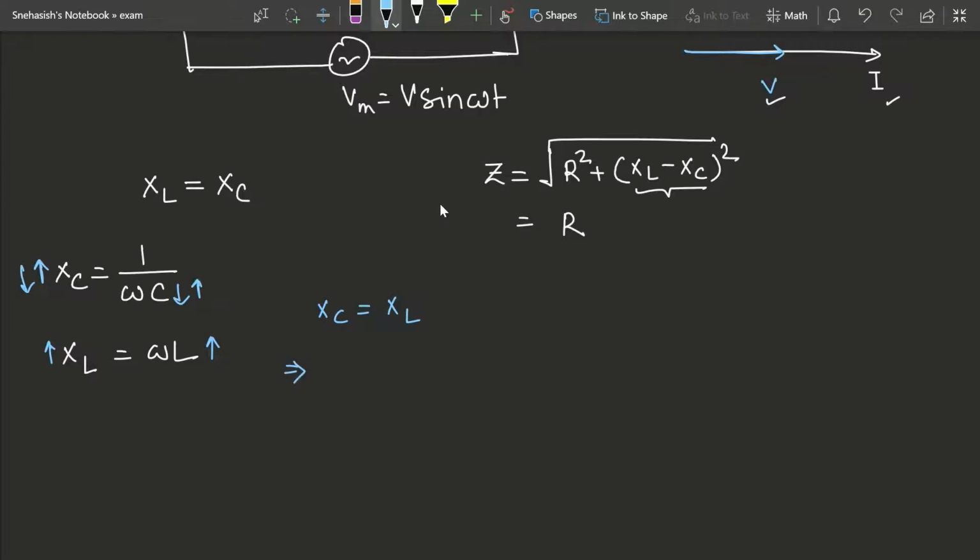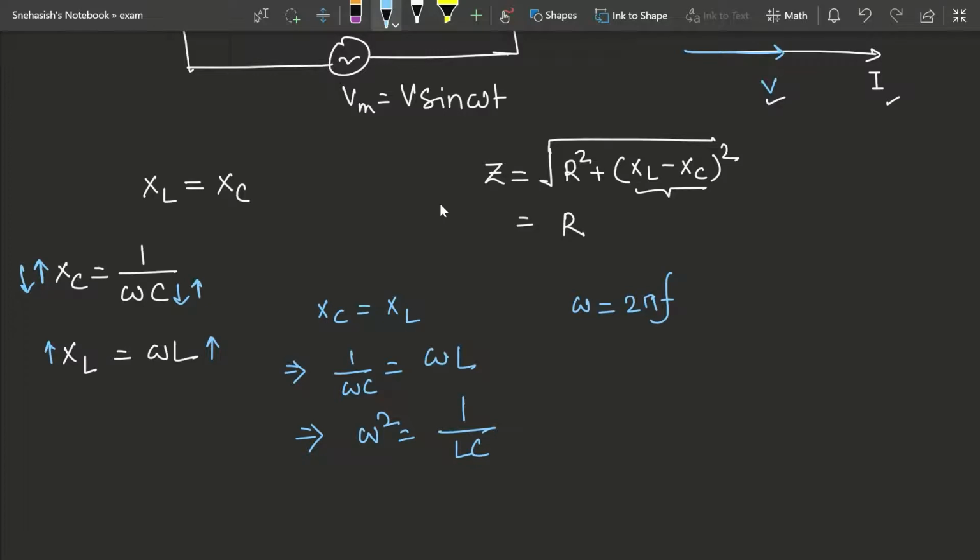Now it will be like this, that omega square will equal 1 upon LC. So from here we cannot conclude anything, but we know that omega equals 2 pi f.